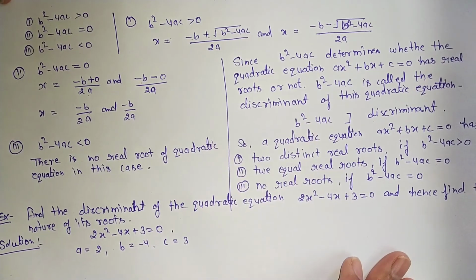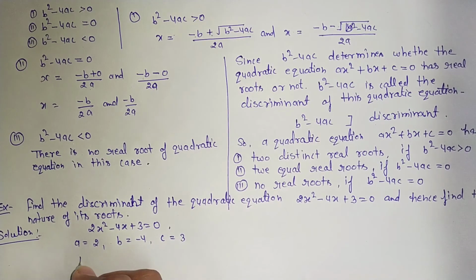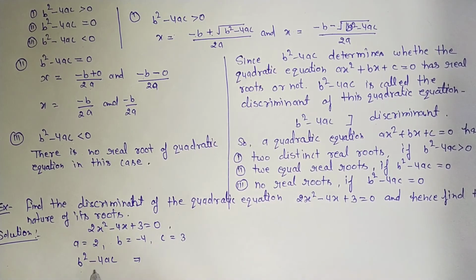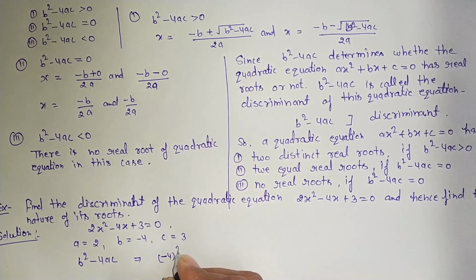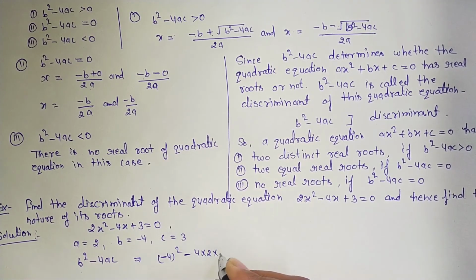And the discriminant, we know that the discriminant is b squared minus 4ac. Now we put the values of a, b, c in this formula. b is -4, a is 2 and c is 3.